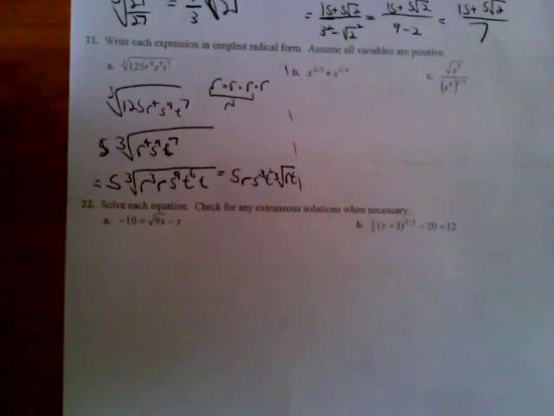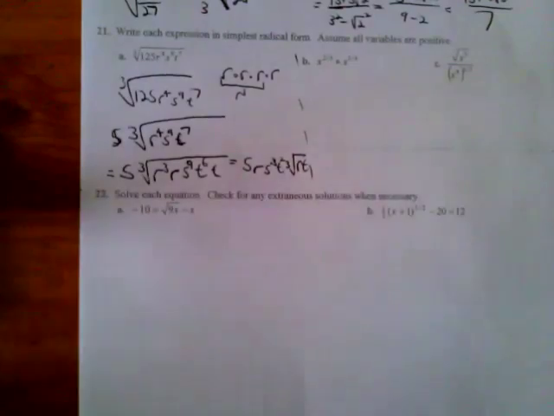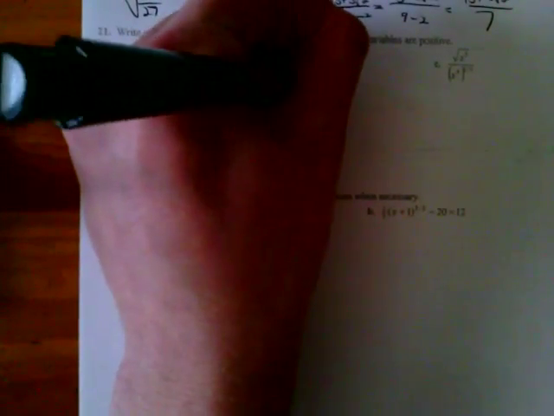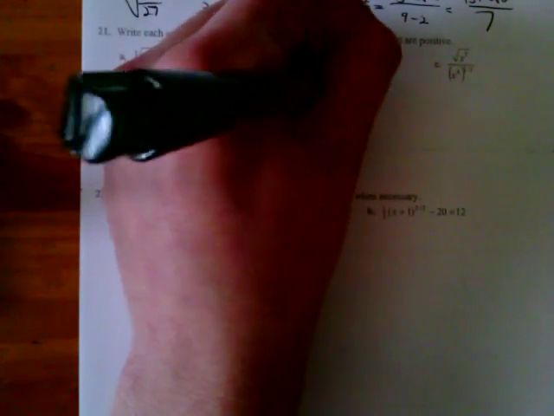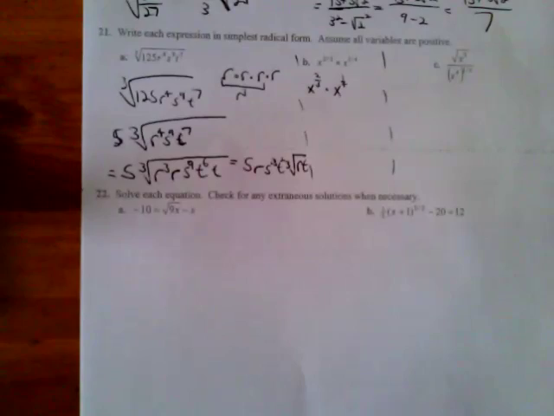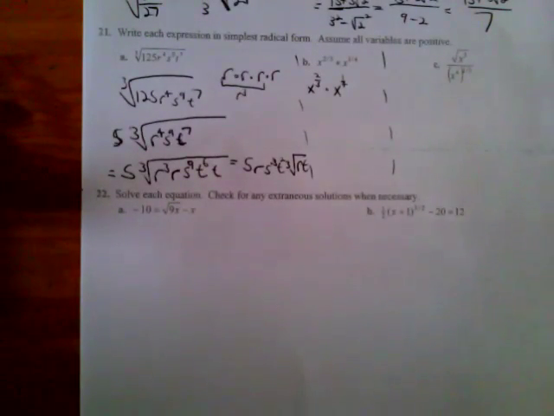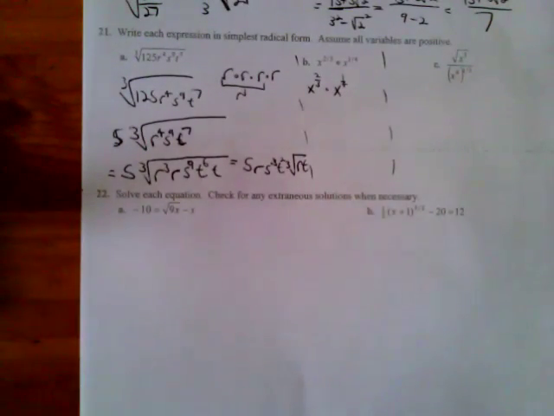Next, this one's pretty easy. You've got x to the 2/3 times x to the 1/4. When you're multiplying with exponents that have the same base, you just add the exponents together.